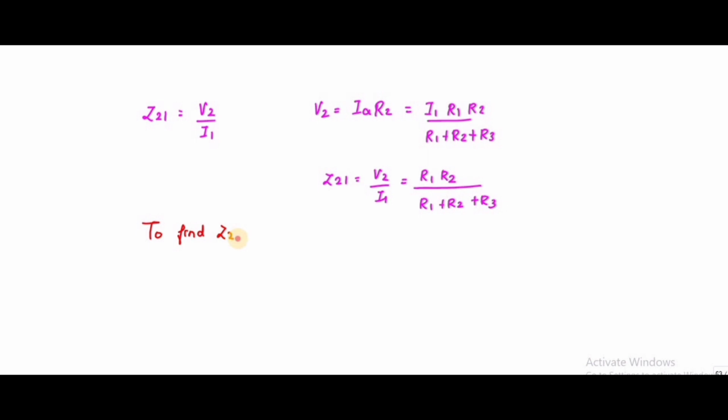Next I need to find the values of Z22 and Z12. That is V2 by I2 for I1 is equal to 0. So for I1 equal to 0, you have to write out the equation. Similarly, Z12 is equal to V1 by I2 for I1 equal to 0. So let us draw the network.